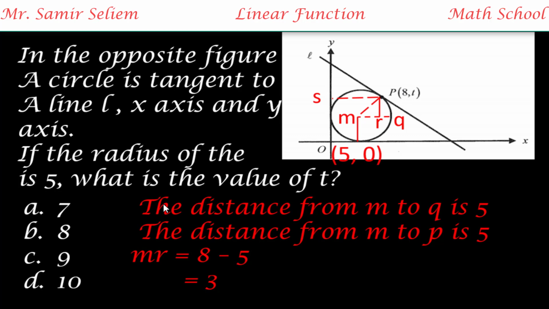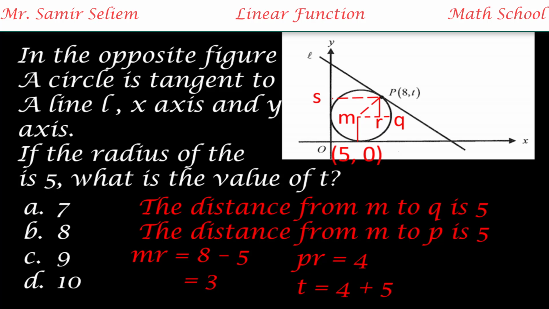So it will be 8 minus 5 equals 3. So BR equals 4, from the Pythagorean theorem. We have 5, 3, 4.